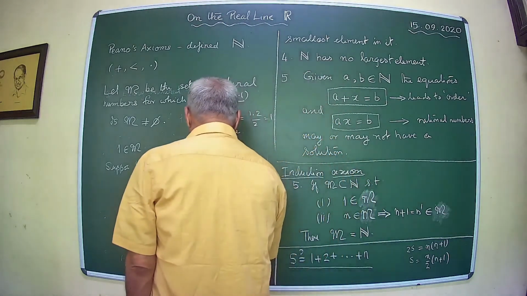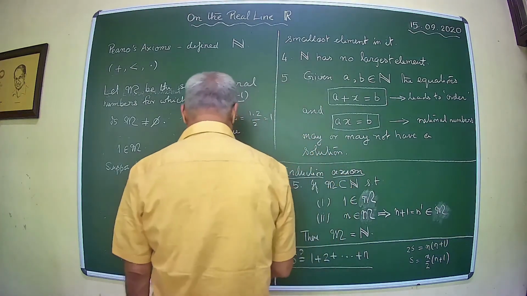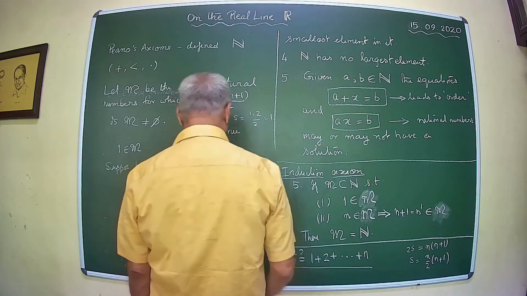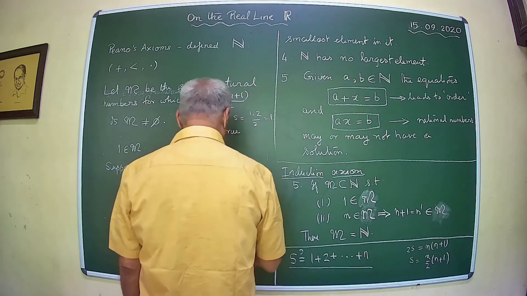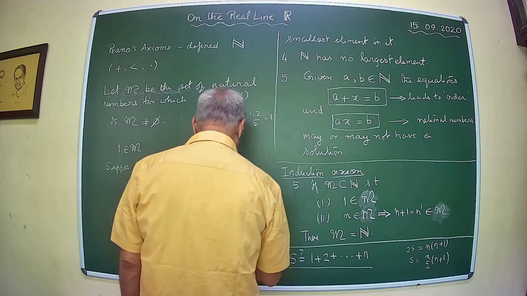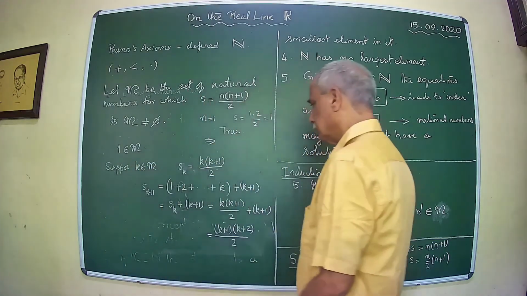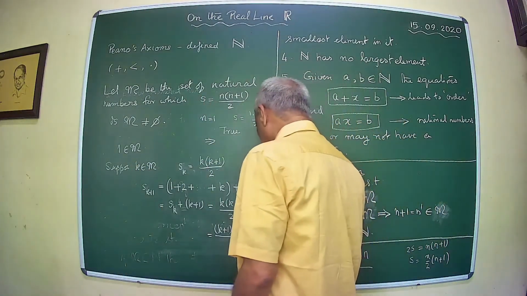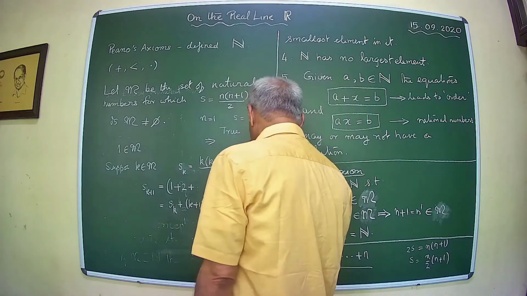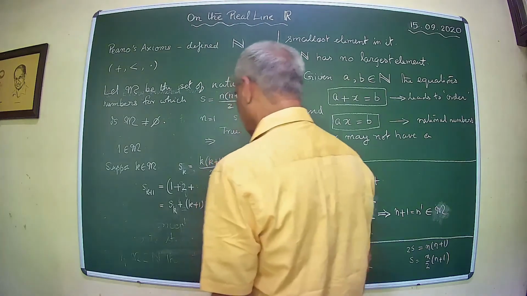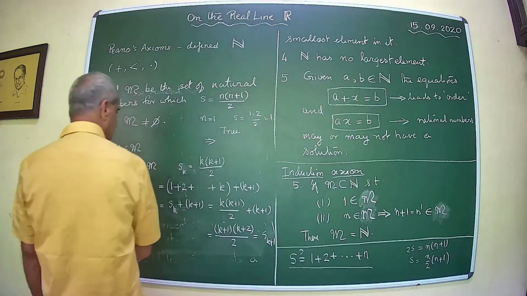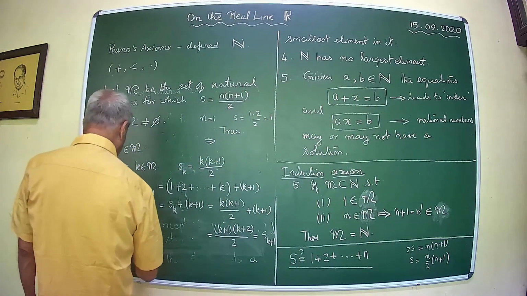And what does that give you? That gives ... K by 2, which by definition of Sk is equal to ... Therefore it follows that this implies K plus 1.